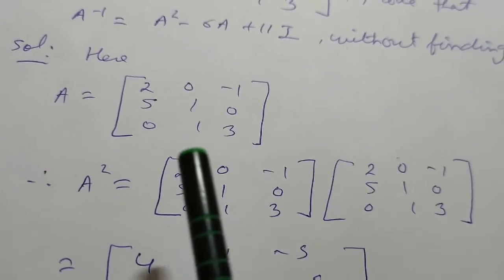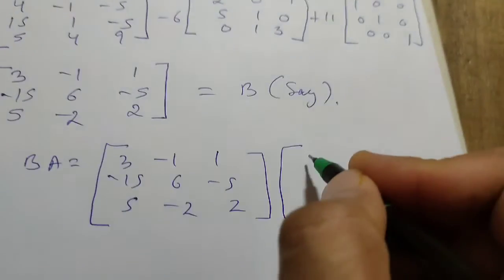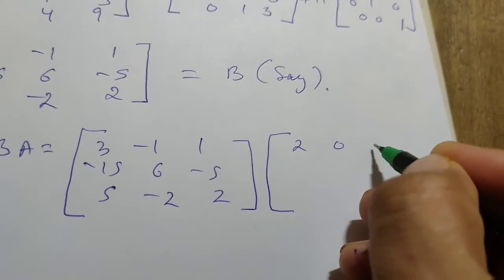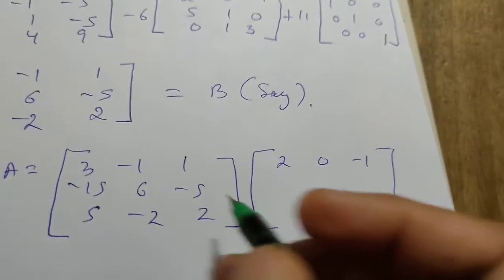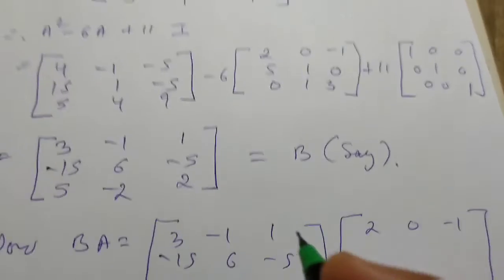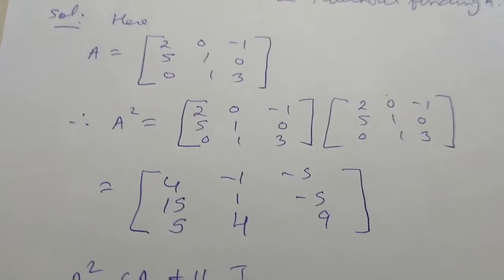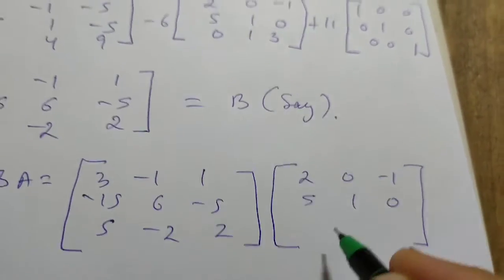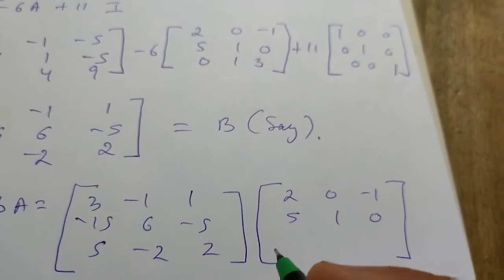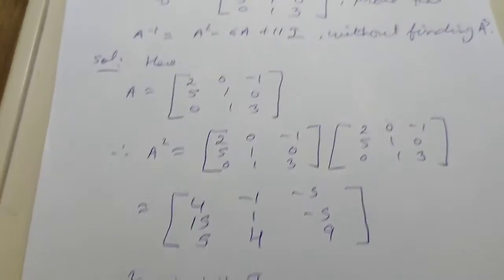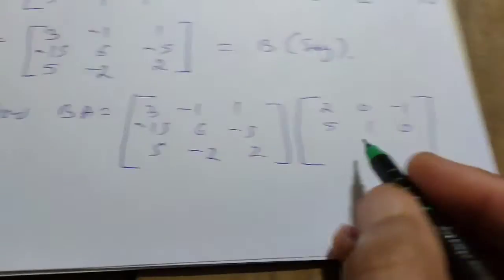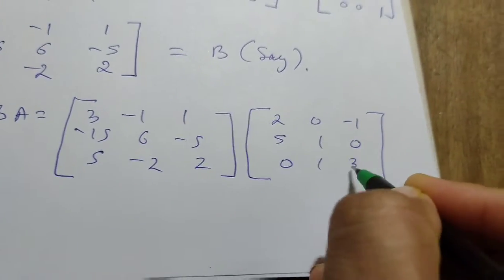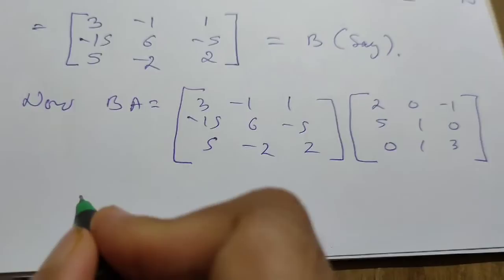A is here: 2, 0, minus 1, and then we have the second row as 5, 1, 0, and the third row as 0, 1, 3. So now let us solve this one.